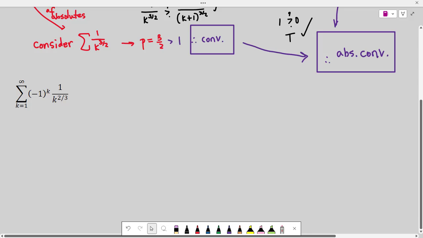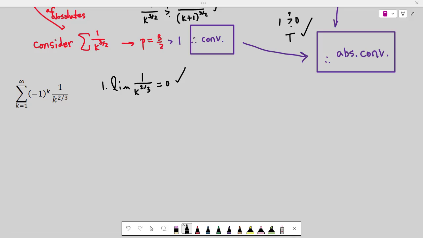Okay, how about this series here? So same basic premise. We want to take the limit of a sub k. That's 0, that checks. So step one, just take the limit of a sub k. A sub k for an alternating series doesn't include the minus.